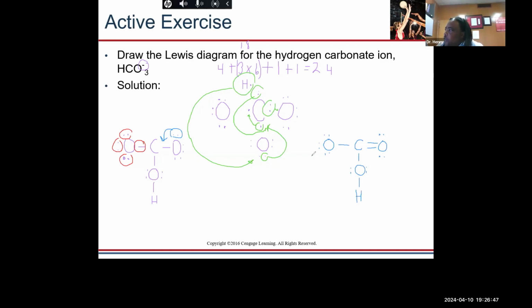Okay, so this is 2, 4, 6, 8 around that oxygen. We have 2, 4, 6, 8 around this carbon.